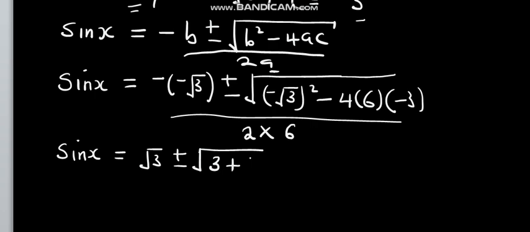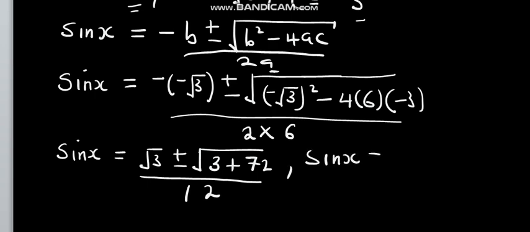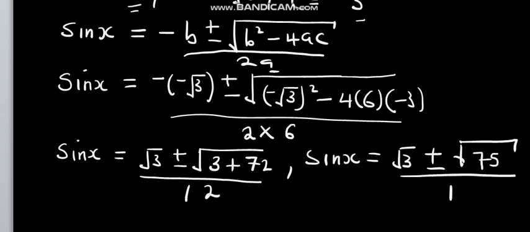Place your calculators and give me the answer. 72. Good. Out of, what is 2 times 6? That is 12. And our sine of x will be equal to root 3 plus or minus root, what is 3 plus 72? That is 75, out of 12.